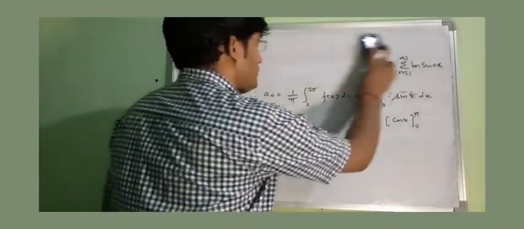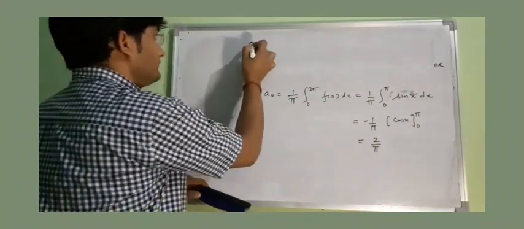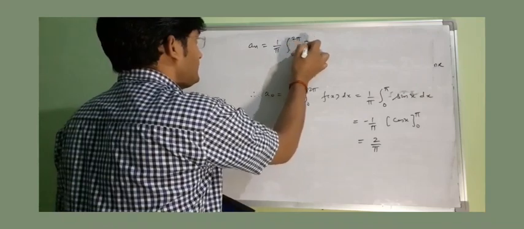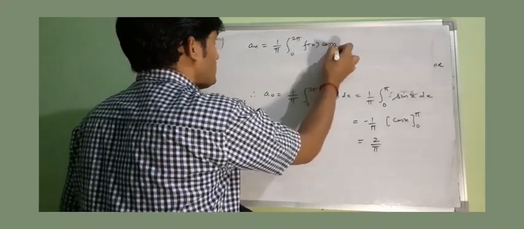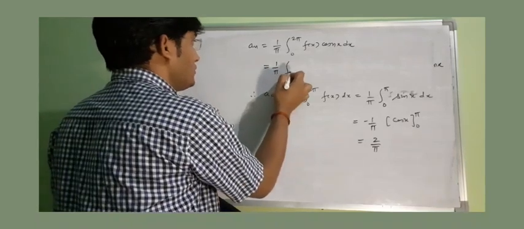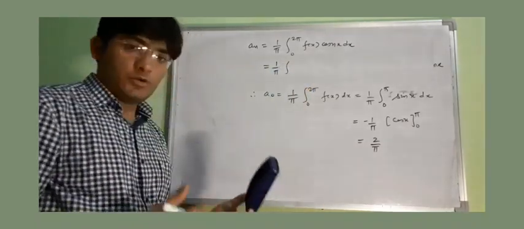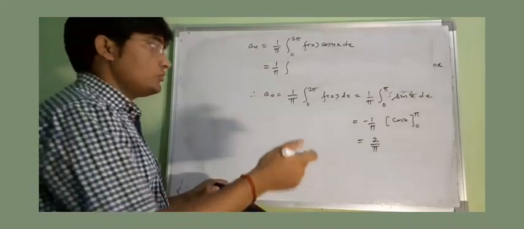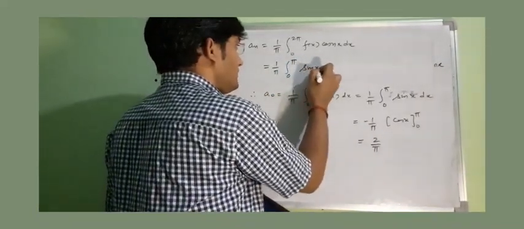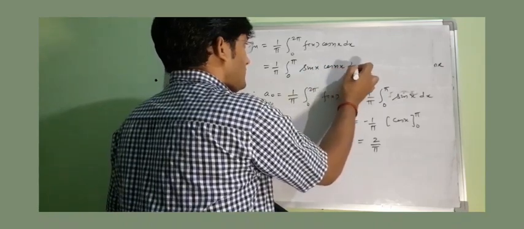Now let us compute an. An equal to 1 upon pi integral 0 to 2 pi f(x) cos nx dx. So this is 1 upon pi integral 0 to pi, because again the value of the function exists in case of 0 to pi. So in case of 0 to pi, the value of the function is sin x cos nx dx.